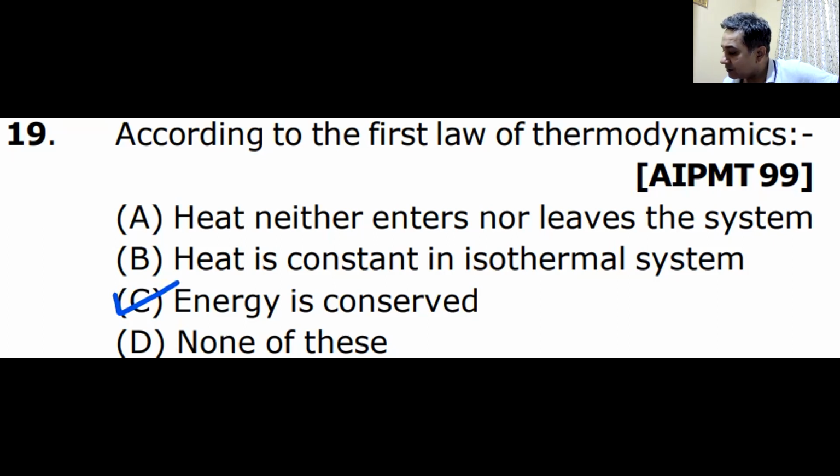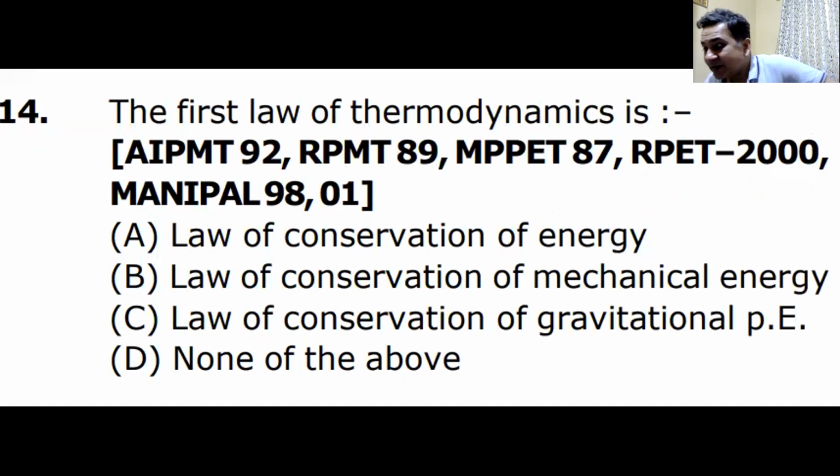And I have one more. So many times the same thing has been asked. What is the answer for this one? A, B, C, D. There are two laws given here.